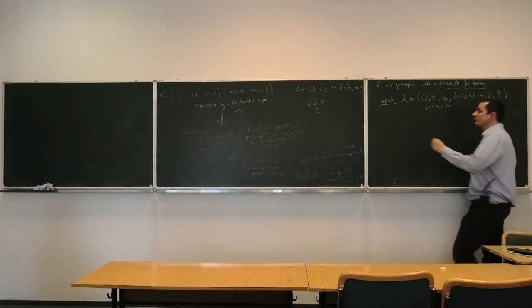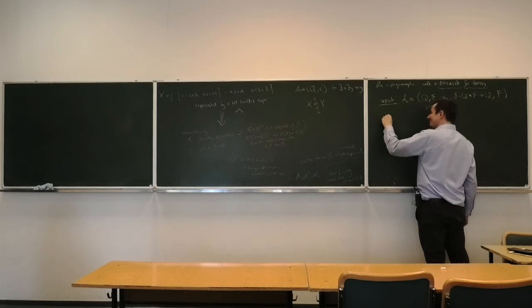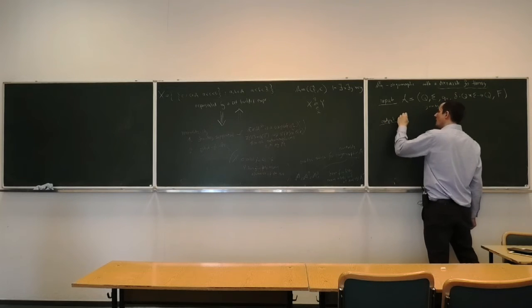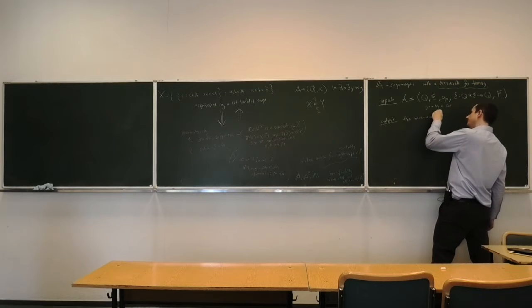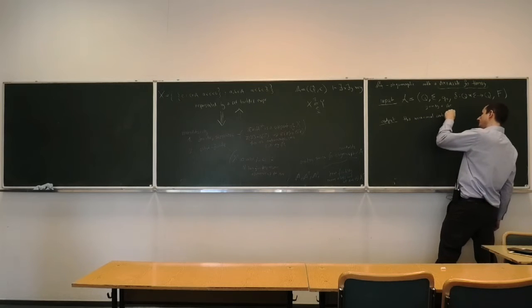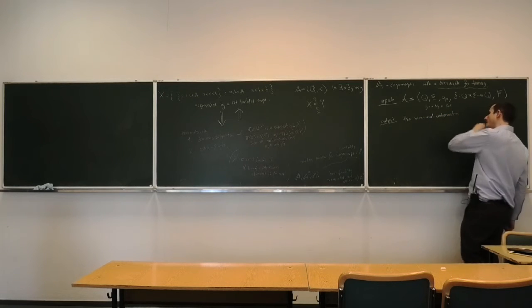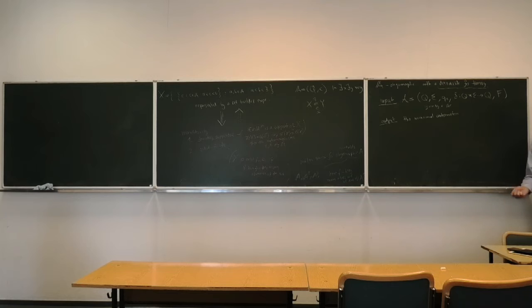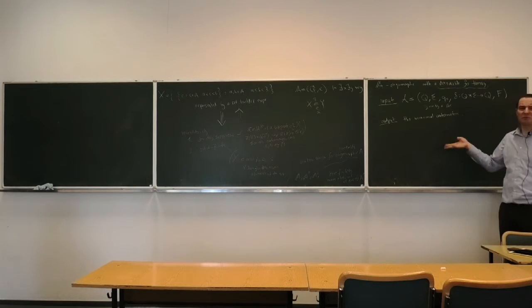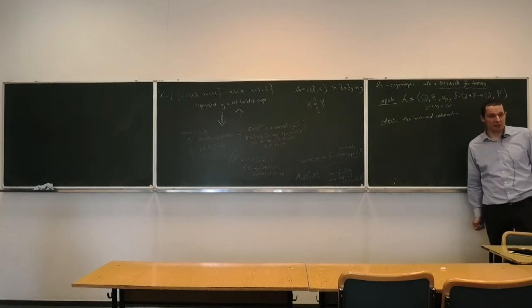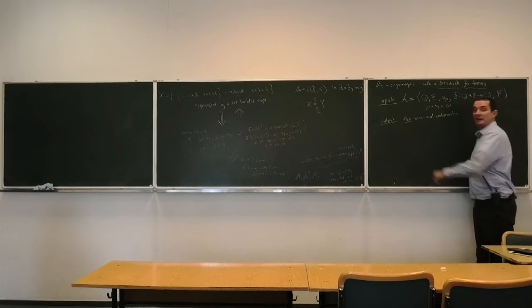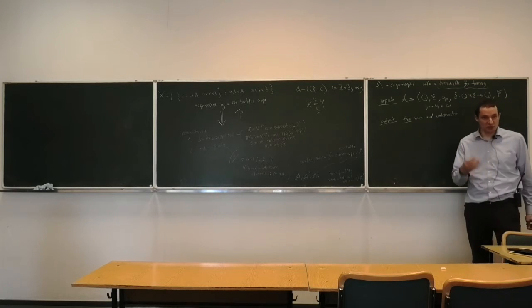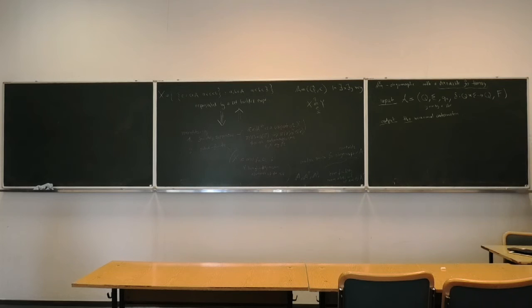And the output is the minimal automaton. So you might even ask, what does that even mean? But you will see from the algorithm what that means. And it exists in particular, which means there's just one.